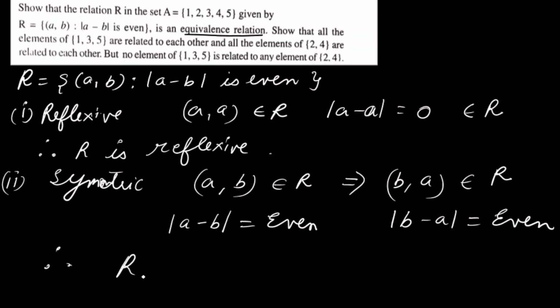Therefore R is symmetric, and this will be true for all the elements. Here the set is given to us, not an ordered pair, so I'll just show you. Let's say this is set A: 1 2 3 4 5.